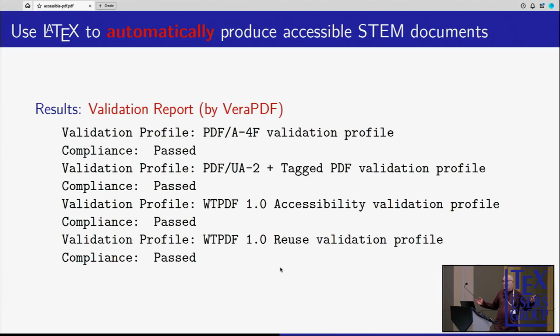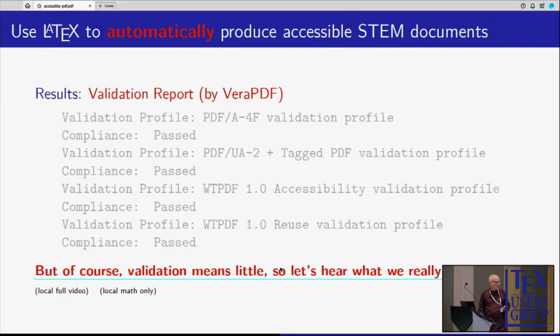Now, as I said earlier, validation, unfortunately, veraPDF is a very good validator because it understands PDF 2. But verification as such, unfortunately, doesn't mean a lot because the verification tools are pretty bad and they do not check anything concerning content and those kinds of things. So that alone doesn't mean much.